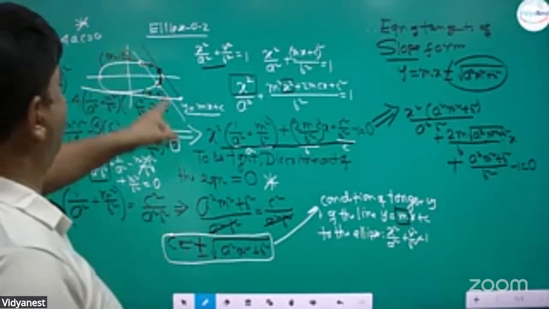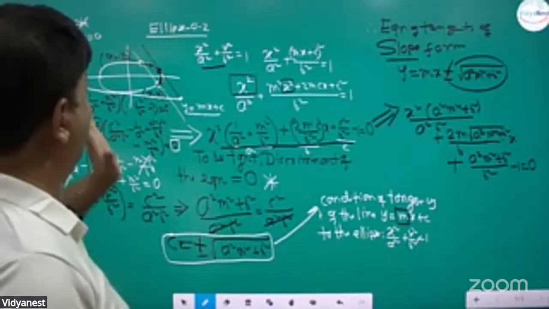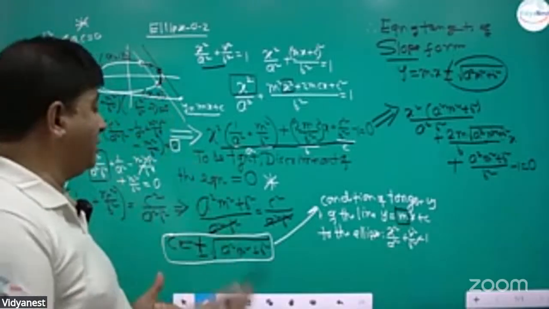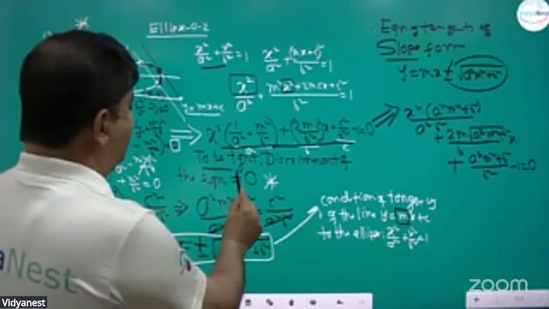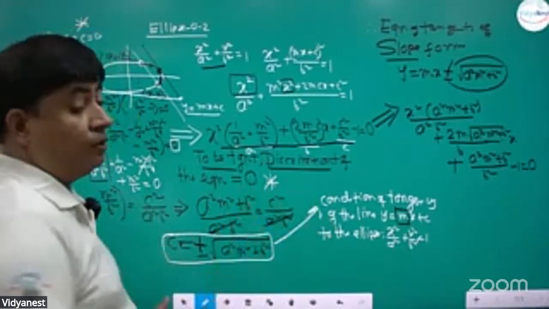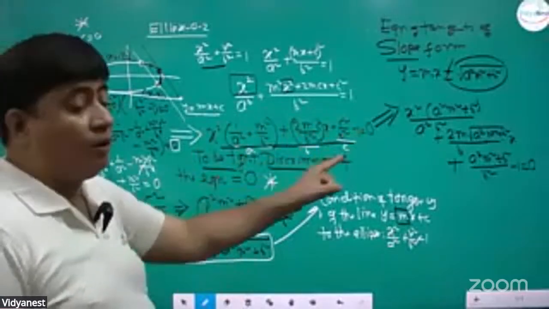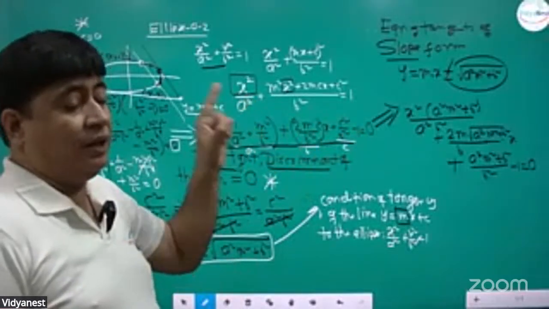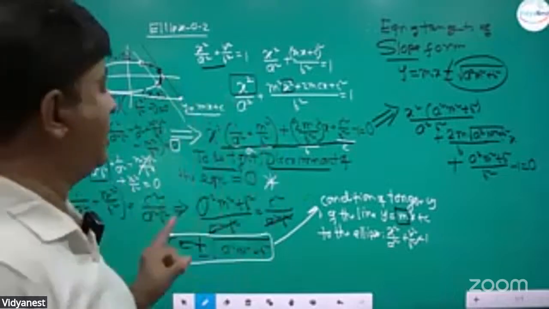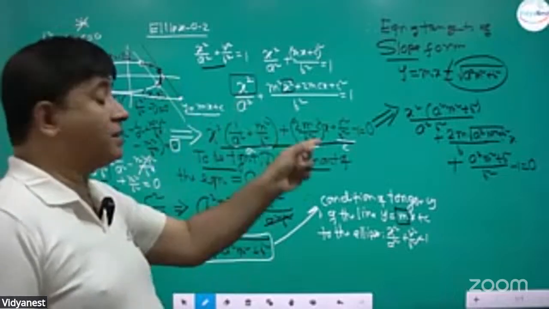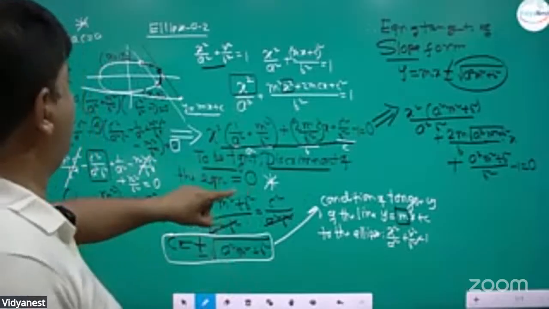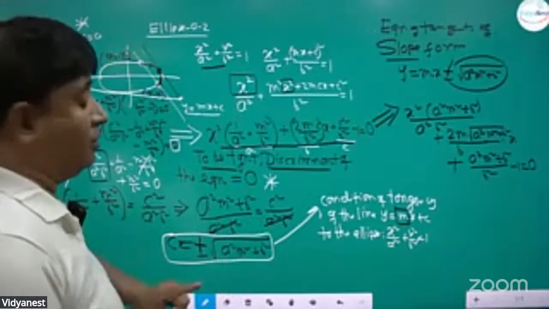The chord will become a tangent when, in terms of quadratic, the discriminant... Why is the question of the discriminant knocking at our door? Because we have got a quadratic equation, and the quadratic equation in junior class has taught us the discriminant. The discriminant will be 0 because 2 roots will become 1 root.